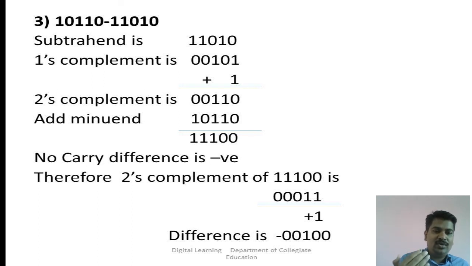But in the first two problems, I am getting carry as 1. There is no problem if I get a carry as 1. Drop the carry and the sum will be the answer and the difference is positive. This is the way we can do the subtraction with the 2's complement method.